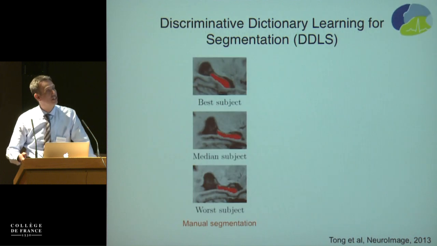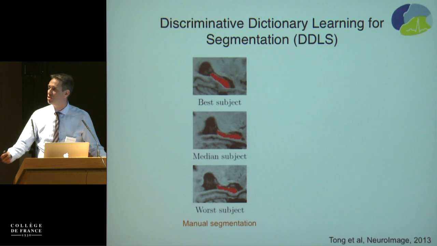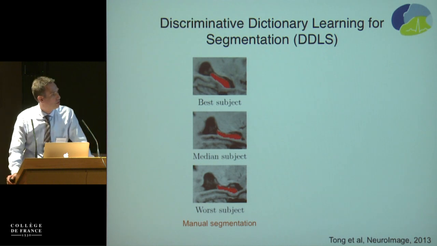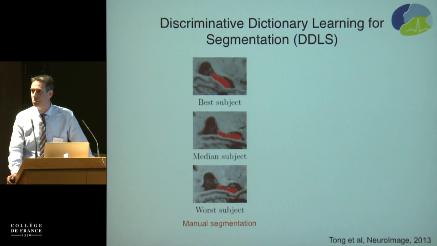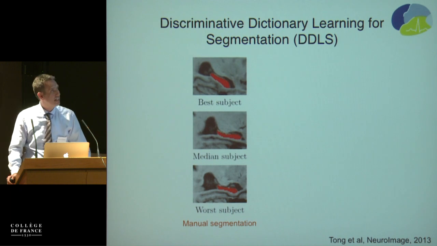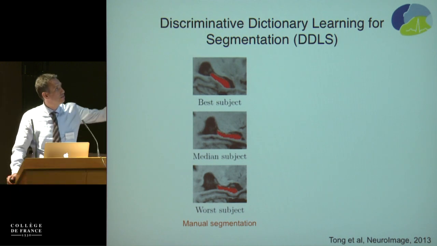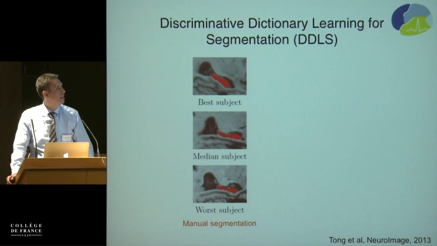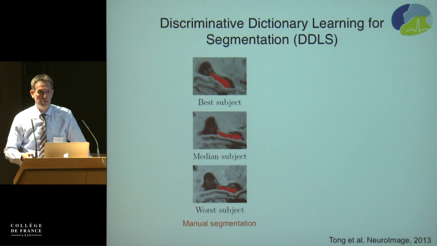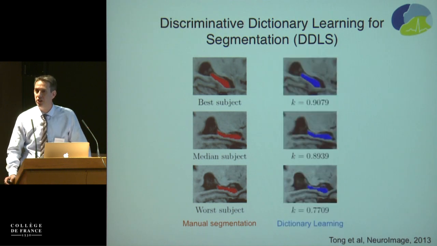And it turns out if you apply this to brain images, and we've worked quite a lot with looking at the hippocampus in Alzheimer's disease, it actually works really well. So I've shown you a database here of 800 subjects, but I'm just showing you the best segmentation, the median, and the worst segmentation. So these are the reference segmentations. And here is what the dictionary learning does.